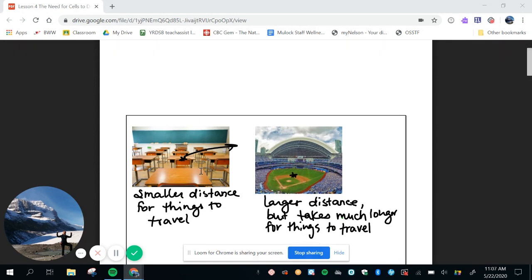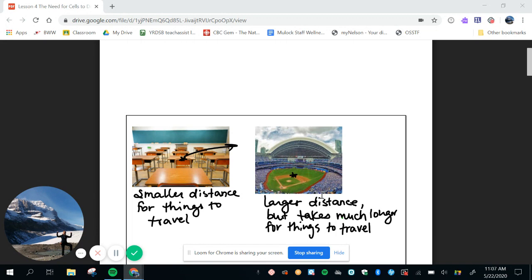We would have a much smaller distance to travel to leave that space and go outside. In the Rogers Centre, we'd have to go pretty far to get out because that's a much larger distance, a much larger area.